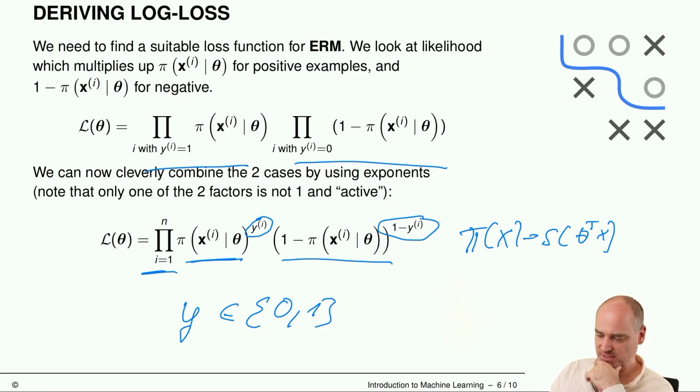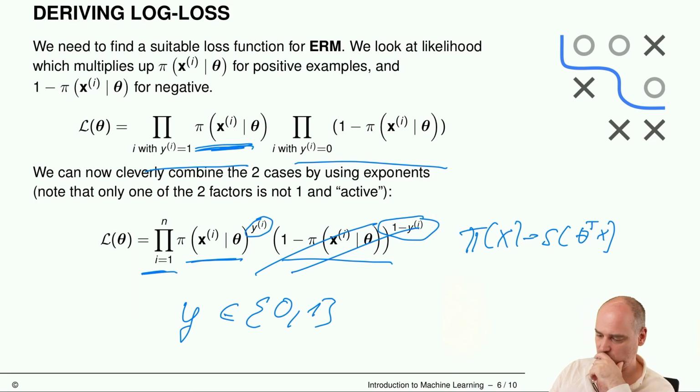If we have a positive example, the label will be 1, 1 minus y is going to be 0. So this here will be 1, and this will not be active, so to speak, in the computation of this product here. And for the first term, y is 1, so this is just pi.